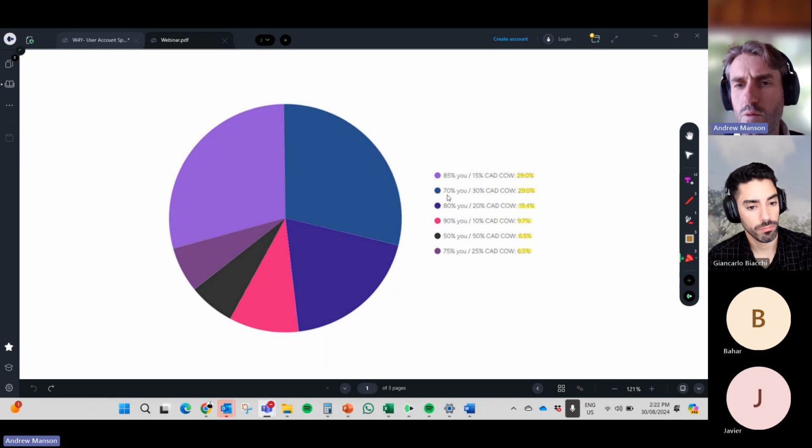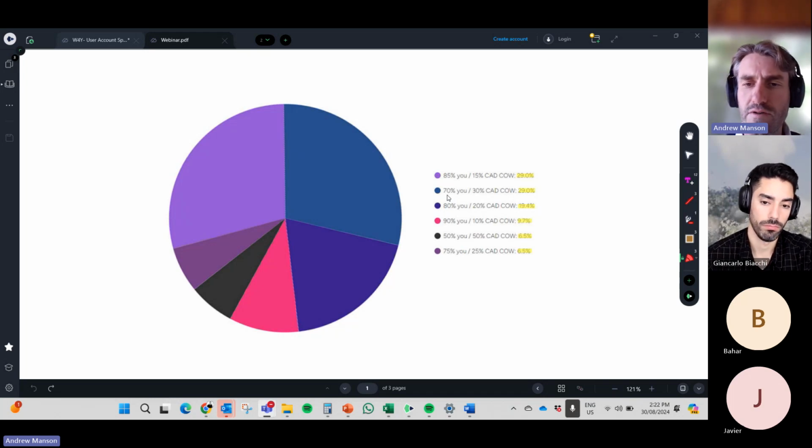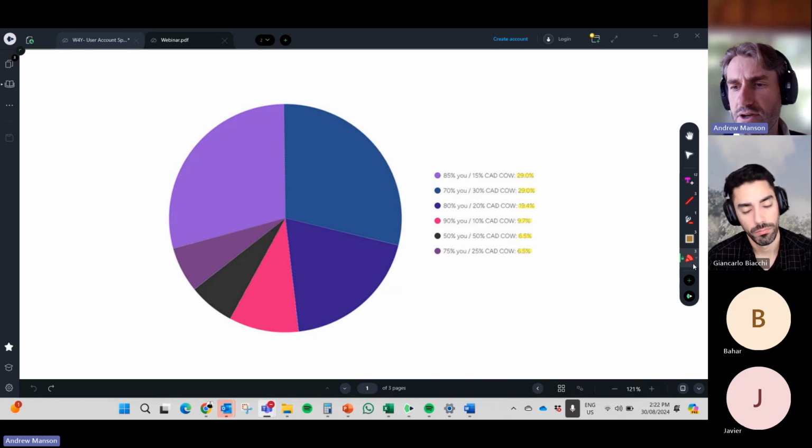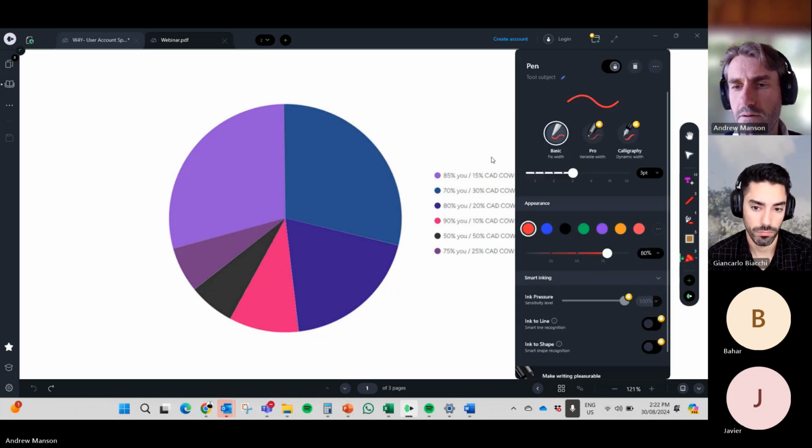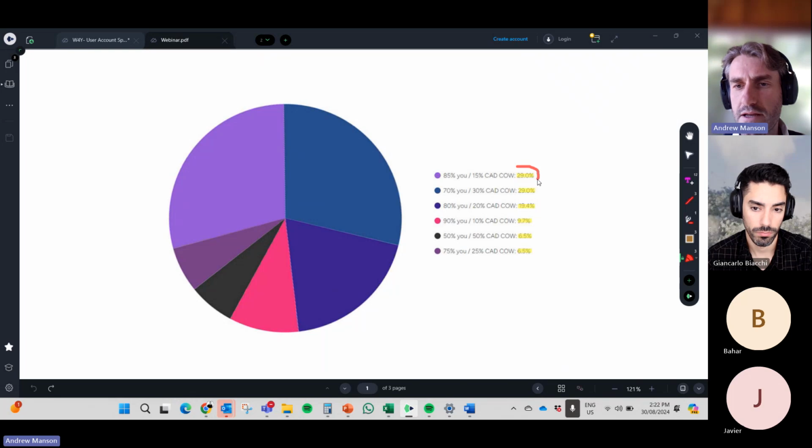We asked what you thought a reasonable split would be between what CADCOW earns and what you, the professional, earns. As you can see, the top two both achieved 29% of the vote.